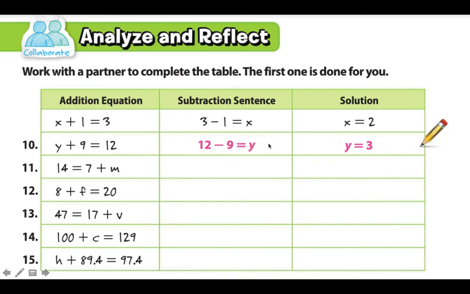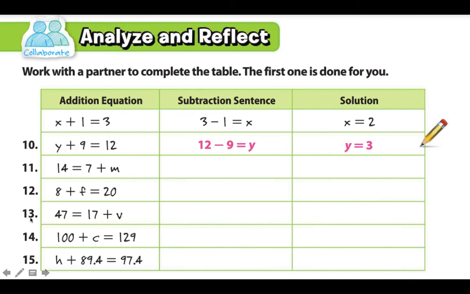Our subtraction problem to solve for y, or our unknown, would be 12 minus 9 equals y. And then we would simplify 12 minus 9, which would give us 3. So our solution for y, or our value for y, would be 3. We could take 3, substitute it into the equation for y, and it would give us a true statement.